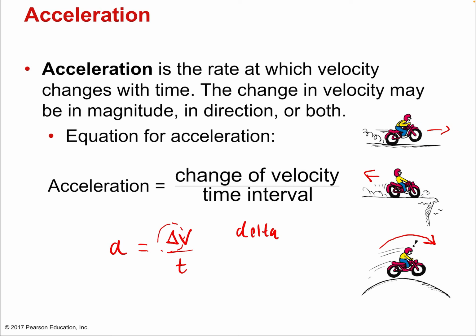That symbol just means change, and that means we could rewrite acceleration as v final minus v initial over that period of time, right? So if your velocity changed over 1 second, you'd have your starting velocity, your finishing velocity, and then that 1 second is what you'd be dividing by, okay?